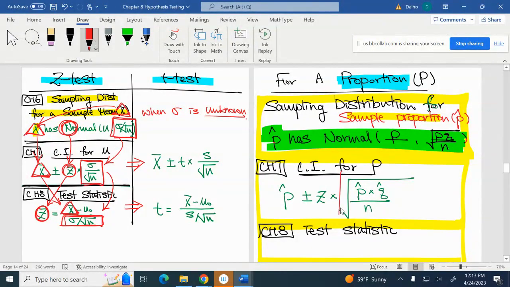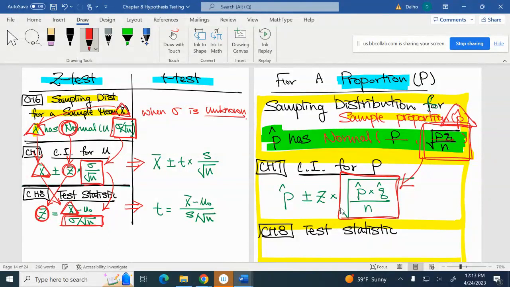So now look at this. Here was the square root of p hat q hat over n. Here is the square root of pq over n.